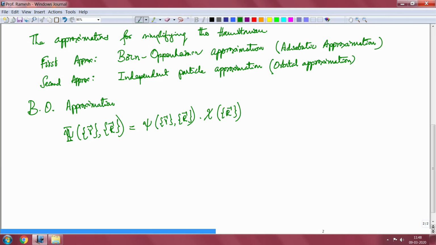So, supposing I substitute this into the Schrodinger equation, then what I get is the following.